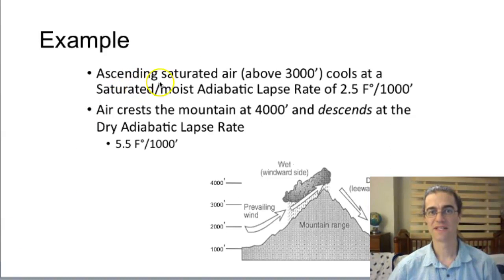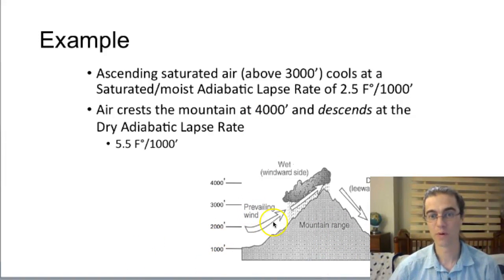We have ascending saturated air that cools at a saturated or moist adiabatic lapse rate of 2.5 degrees Fahrenheit per 1,000 feet. And then the air crests the mountain and reaches the leeward slope, right?